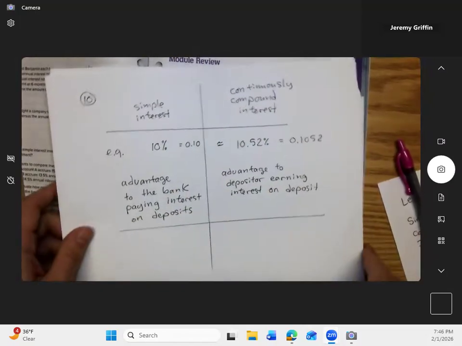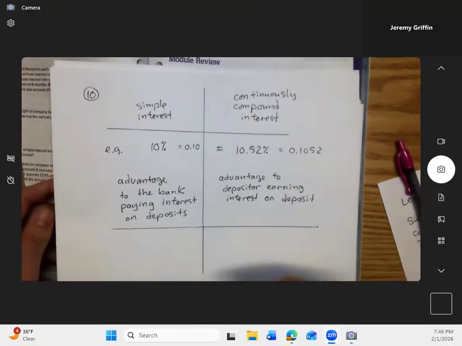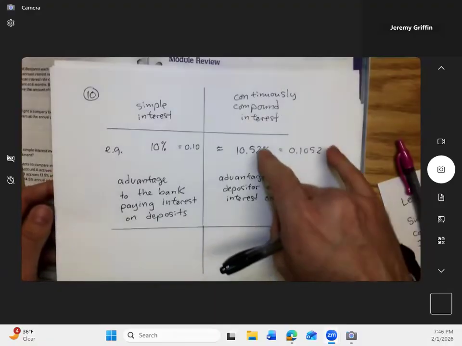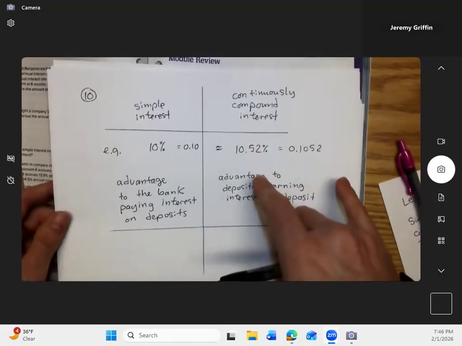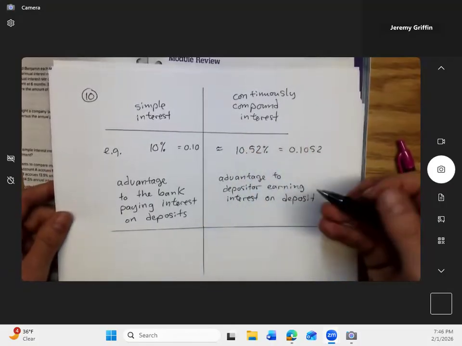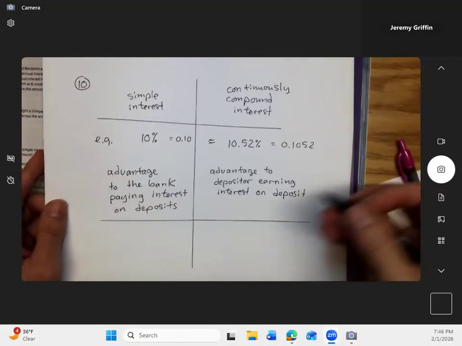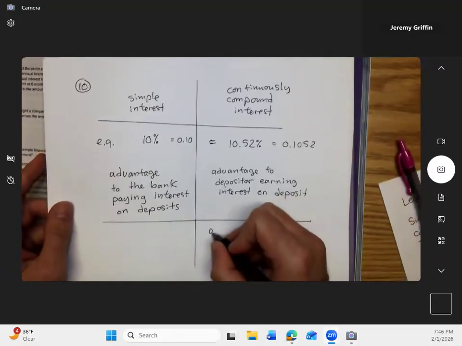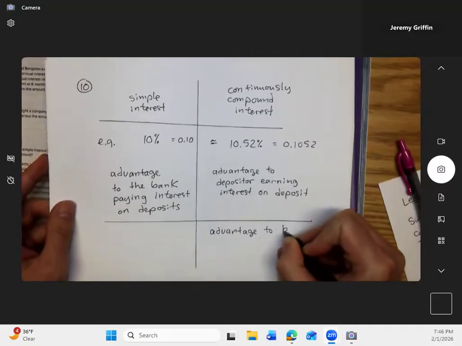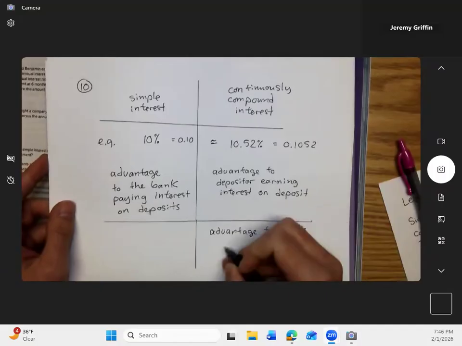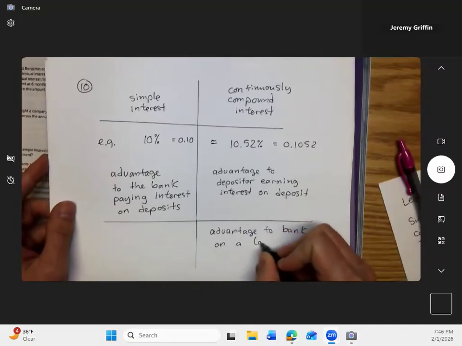Now, if you took out a loan, suppose the bank advertises 10% interest on this loan, but really they're compounding it continuously behind the scenes. Well, now that would be to the bank's advantage to compound more often. Right? So now this would be the advantage to the bank on a loan.